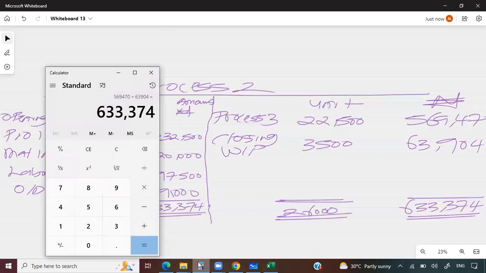If you say minus 91,000, minus 97,500, minus 120, minus 322,500, this is 92,324. That is now the value of that unit of material that is completed.